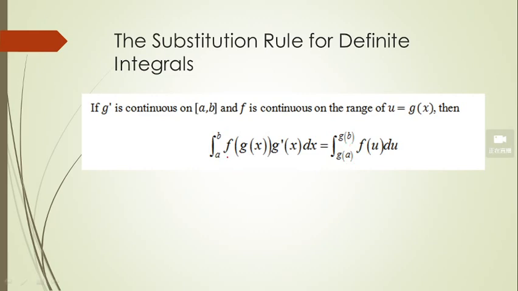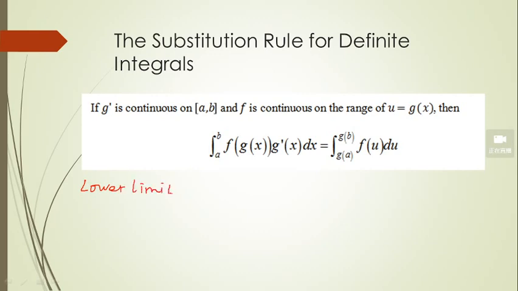And again, we should still specify what is f(g(x)) and what is g prime. Sometimes you might have a fraction in front of the integral sign, okay? And here a is the lower limit for the definite integral.